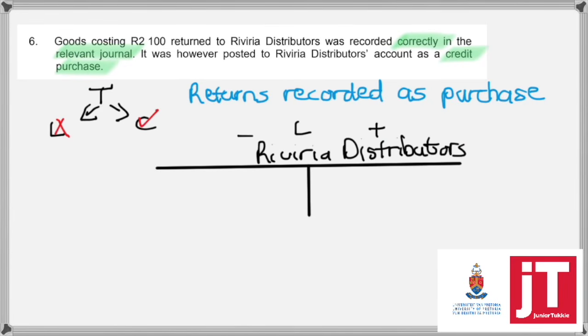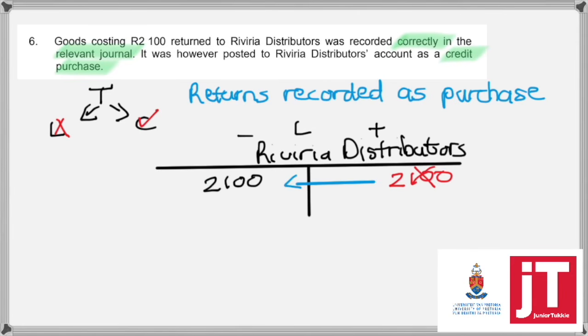So Rivera Distributors account was incorrectly credited with 2,100. Now just a reminder, how do I know it was on the credit side? This is basics you've learned in grade 8, 9, 10, 11, where credit purchases appear from the creditors journal on the credit side. So it means the credit side was incorrectly credited.